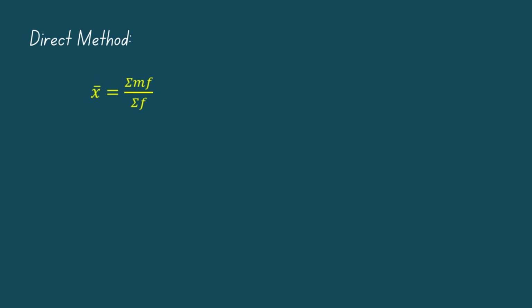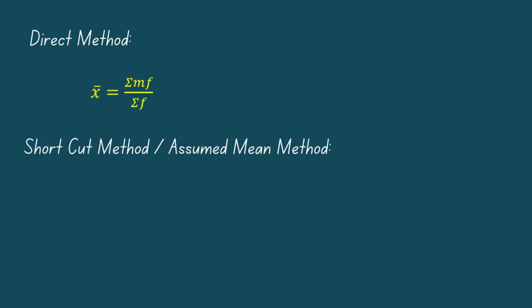The second method we have is the assumed mean method. This method is especially useful when the midpoints are large numbers and multiplying them with the frequencies becomes very tedious and time consuming. In this method, we pick one of the midpoints as our assumed mean and we call it A. And then we work with the deviations from that assumed mean. We also call it difference.